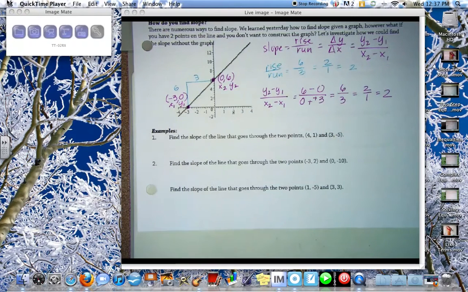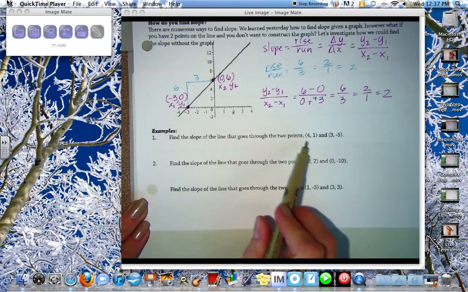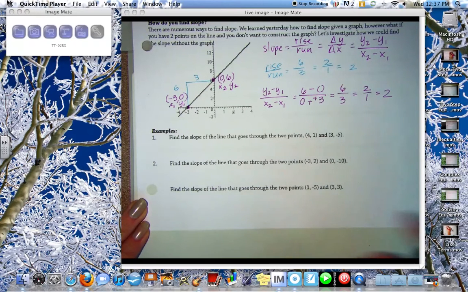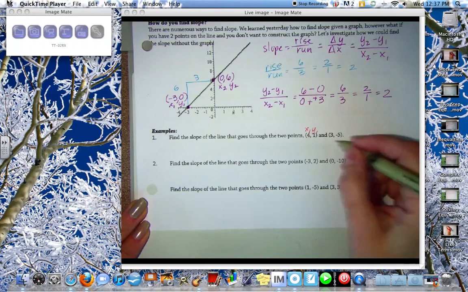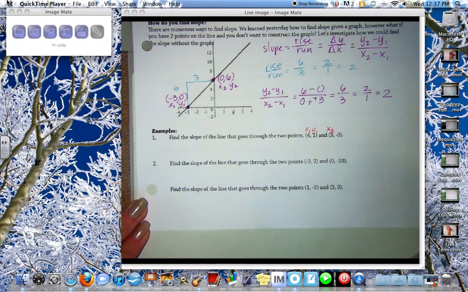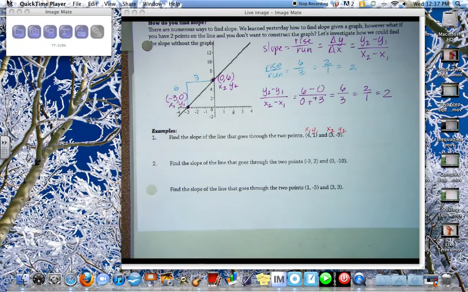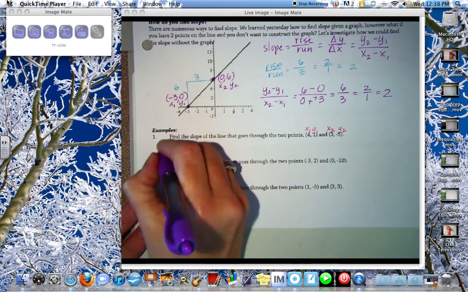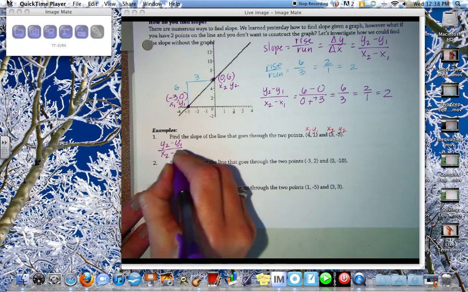All right, so now we're just going to be given points, and we need to find the slope. Find the slope of the line that goes through the 2 points, 4, 1, and 3, negative 5. So the 4 is our x1 value, the 1 is our y1 value, 3 is the x2 value, and negative 5 is our y2 value. I'm going to write down the formula again, y2 minus y1 over x2 minus x1.